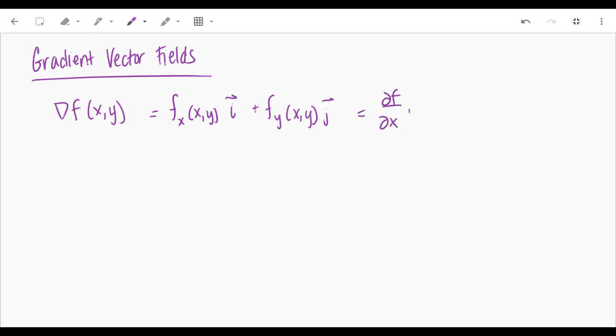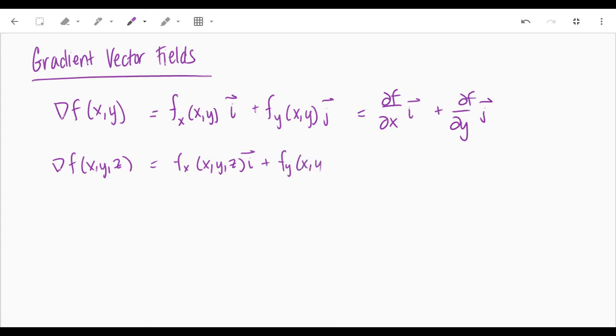It's nothing new here, but just the whole idea of drawing a whole collection of gradients. Okay, and again, like I said, you can do this in 3D too. You just have one more term. Okay, we do something like that.